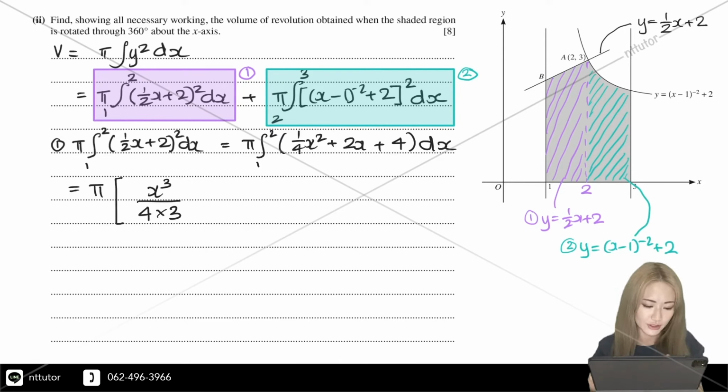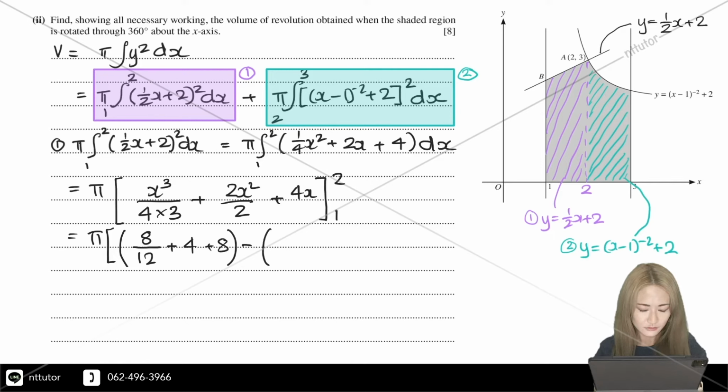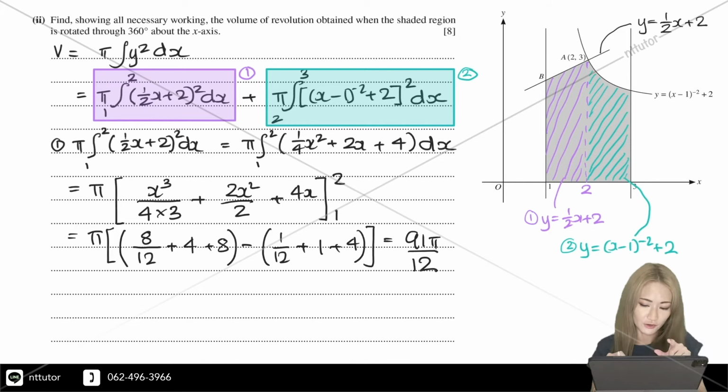So you can do that to each term in the integral. And the integral from 1 to 2 means you're going to substitute 2 into the expression and subtract the substitution of 1. So if you do that, that equals 91 pi over 12. So the first part, or the purple part of the solid, would be 91 pi over 12.